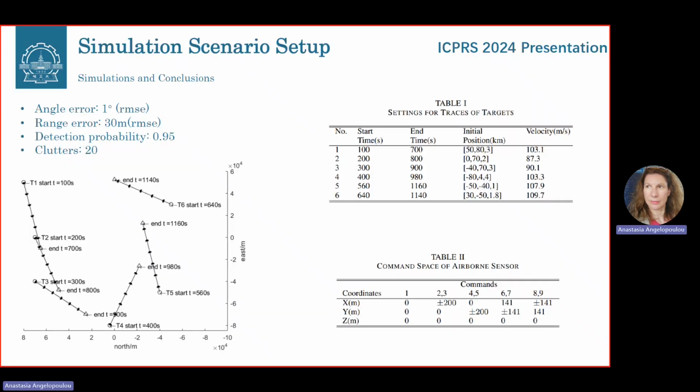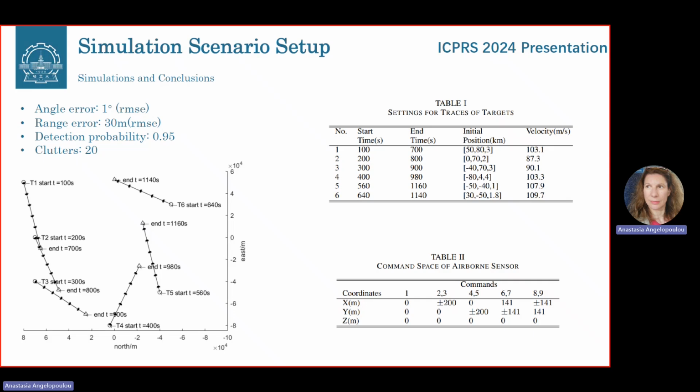Here comes the simulation we use to evaluate our algorithm. We generated 6 different traces with different start times and end times, set the sensor error property like this, and set what commands the airborne sensor can choose as the table shows.